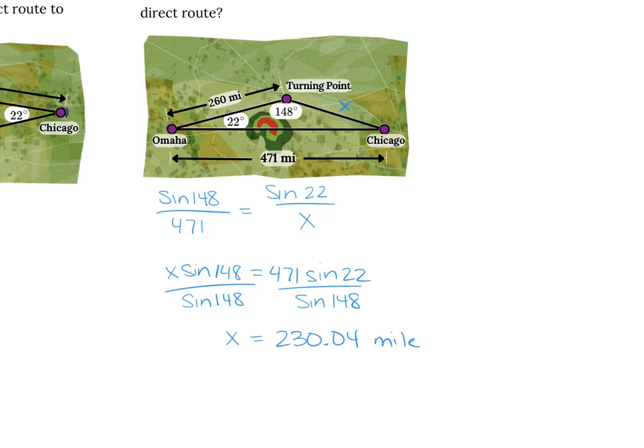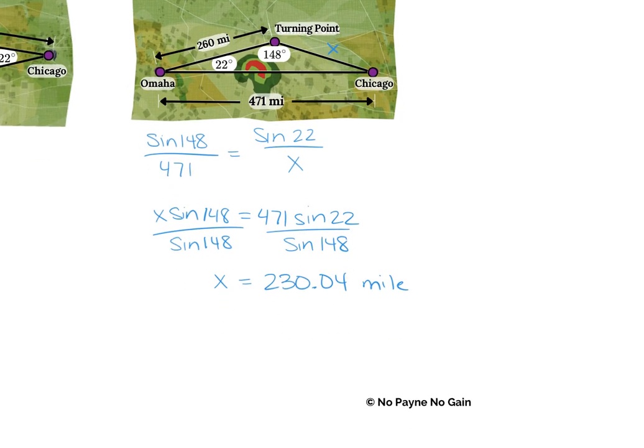We want to add our two segments together. So the 230.04 that we just came up with, plus the 260 that they gave us. So we would have to travel a total of 490.04 miles. We want to know how much farther that is from our original route.